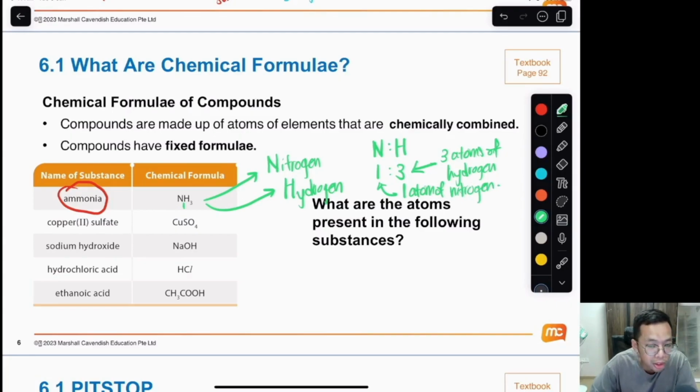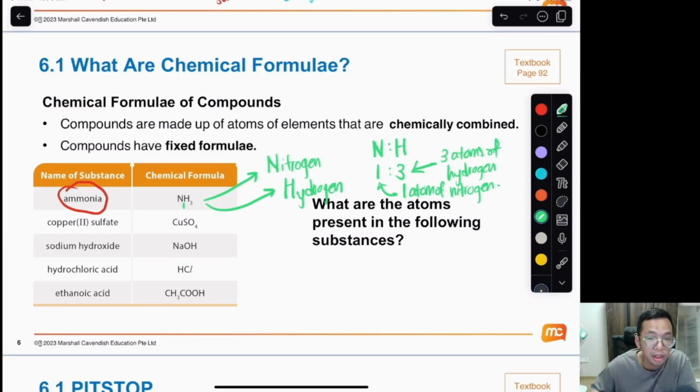So ammonia is made up of 1 atom of nitrogen, 3 atoms of hydrogen. And if you want to know why, please go back to your chemical bonding chapter. Take a look at the valence electrons, and see how ammonia is being formed between nitrogen and hydrogen.